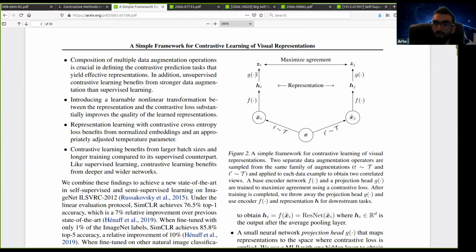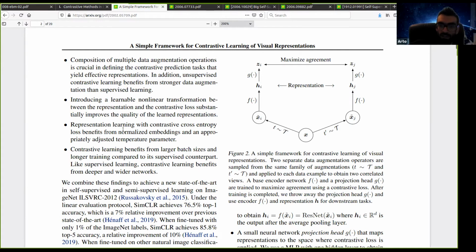Because we actually measure the contrastive loss on another, like this would be a simple nonlinear projection layer here, but it allows the model to learn some better representation, right?